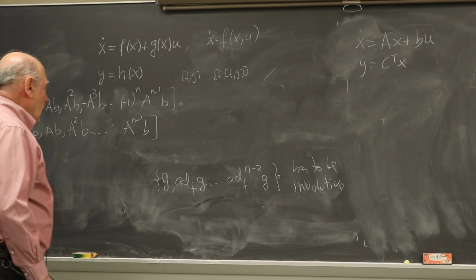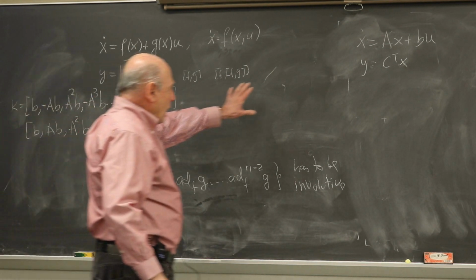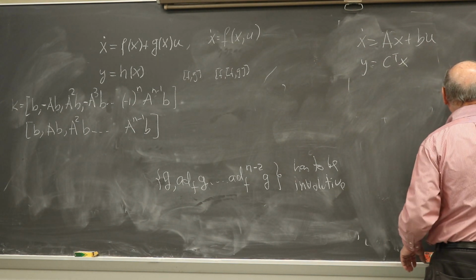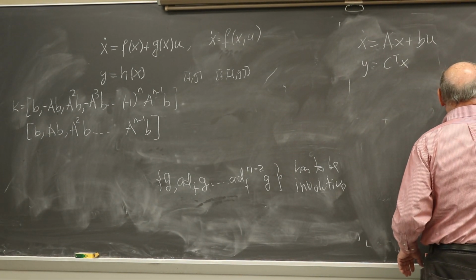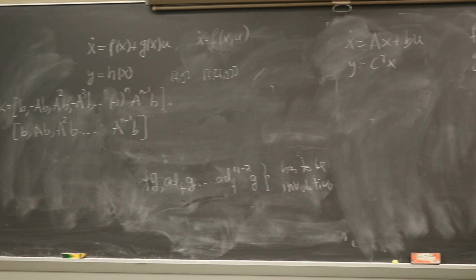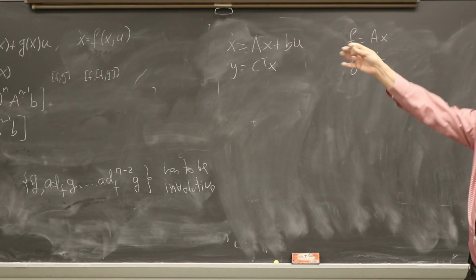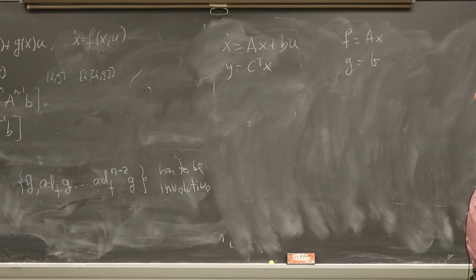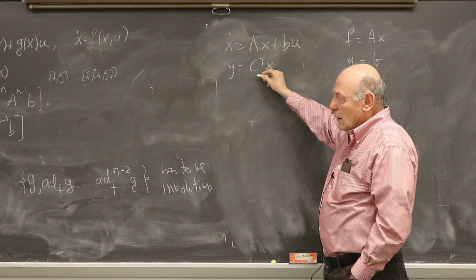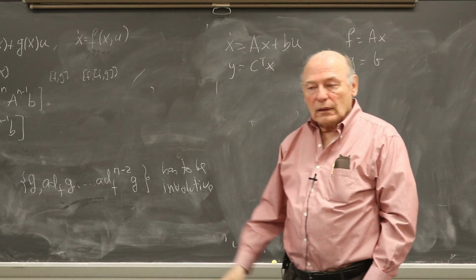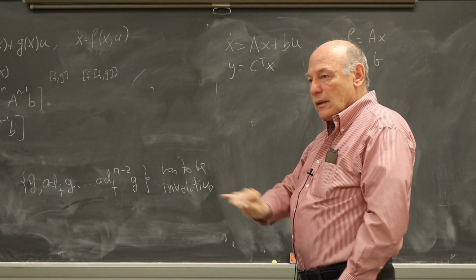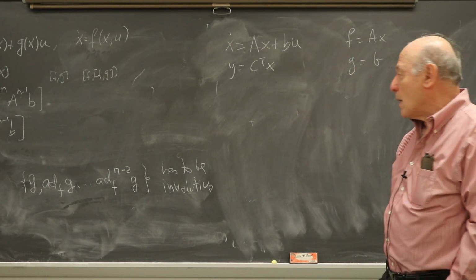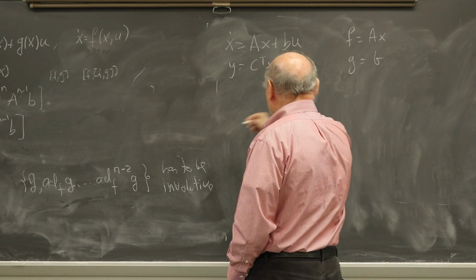And so if you have this, then your vector field F is simply Ax, and your vector field G is just a constant vector. So that's a particular case of that. So it should satisfy all those conditions to be able to find the vector C, which eliminates the control from all the entries except the last one, and gives you this canonical form in nice pure integration form. So let's apply that.